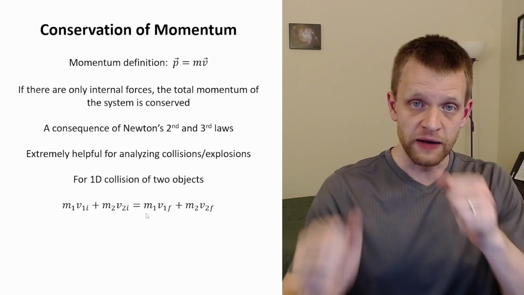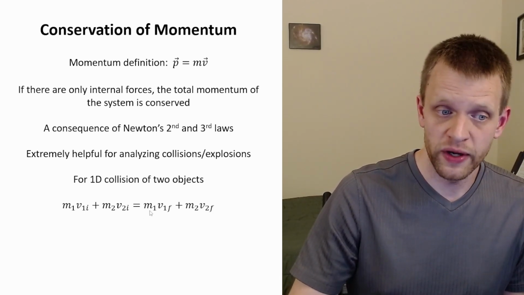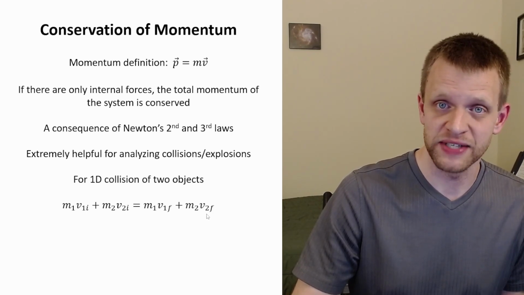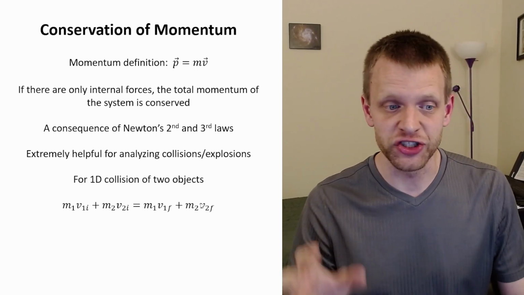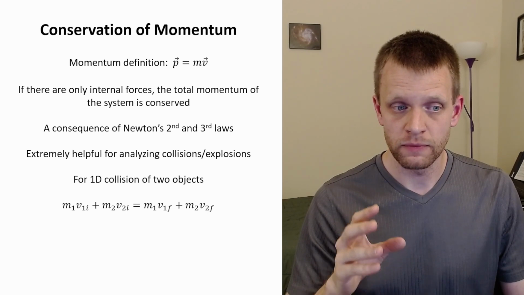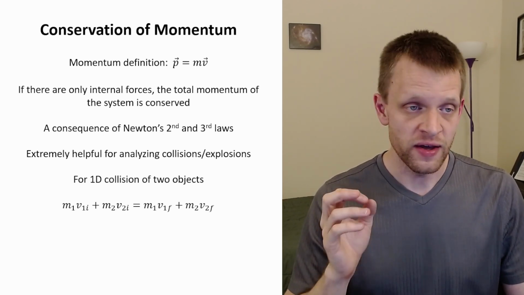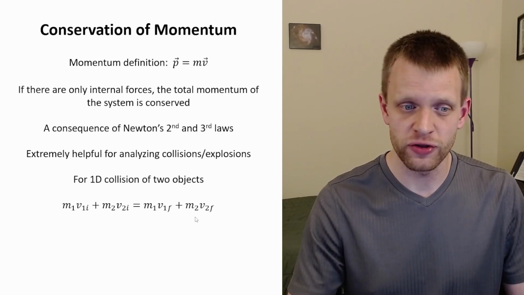Well, after, if I track the motion of both objects after, we've got the motion of object 1, mass of 1 times its final velocity, plus mass of object 2 times its final velocity. And in any collision, this equation has to hold.